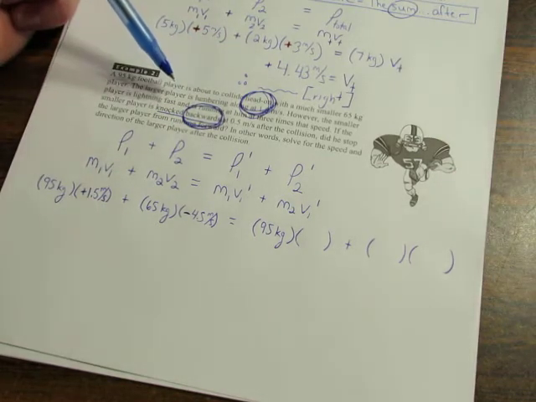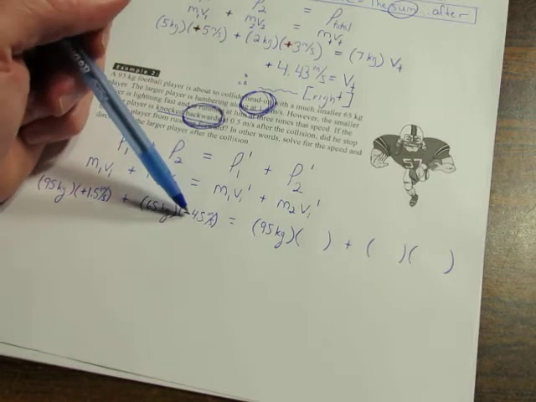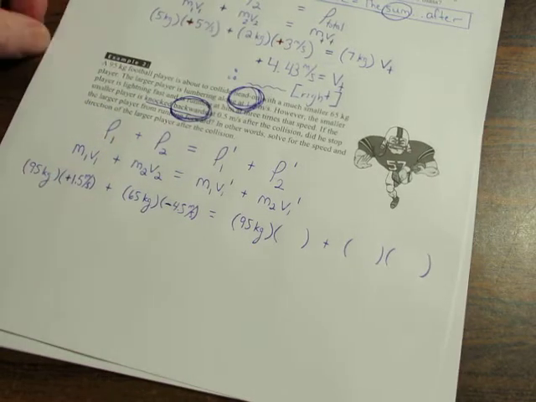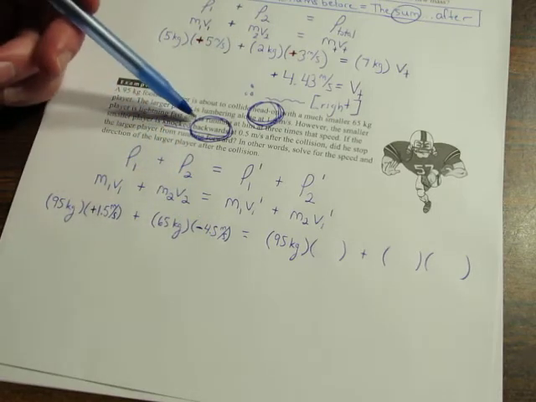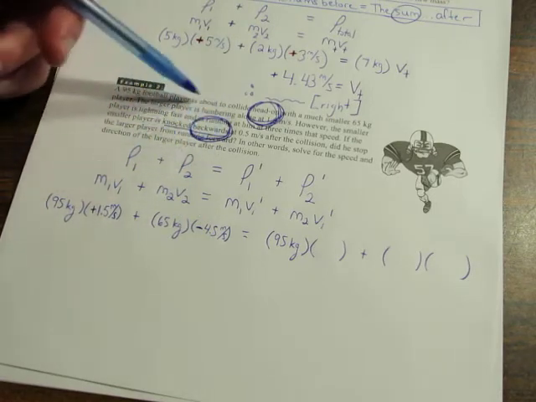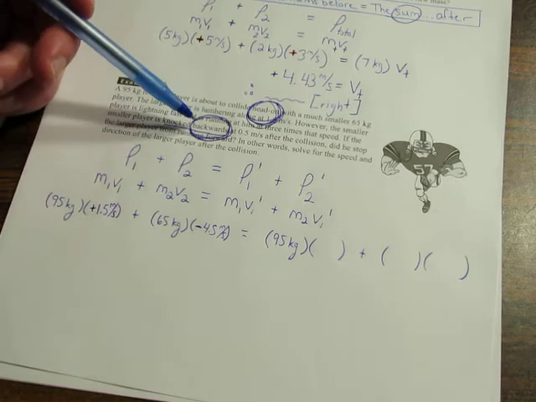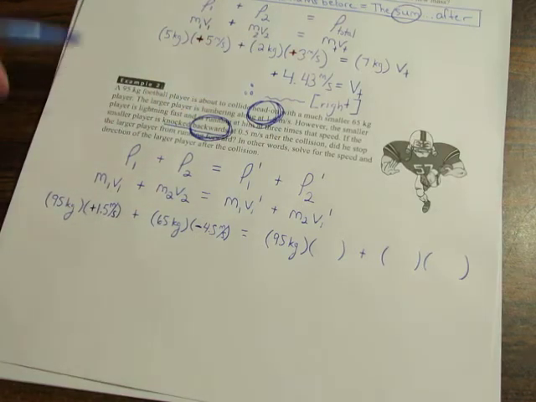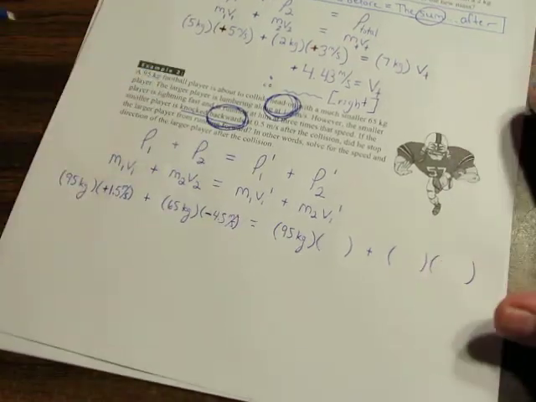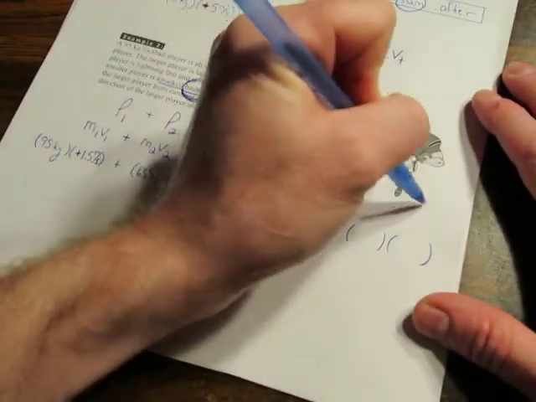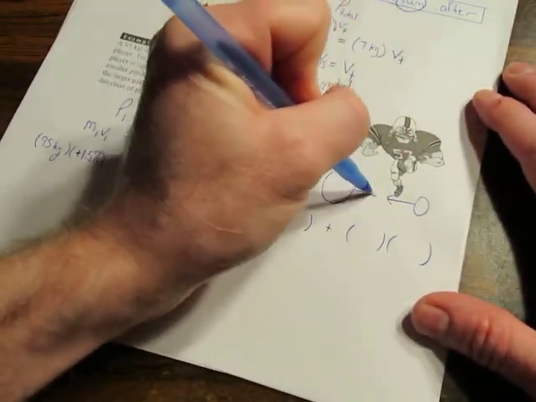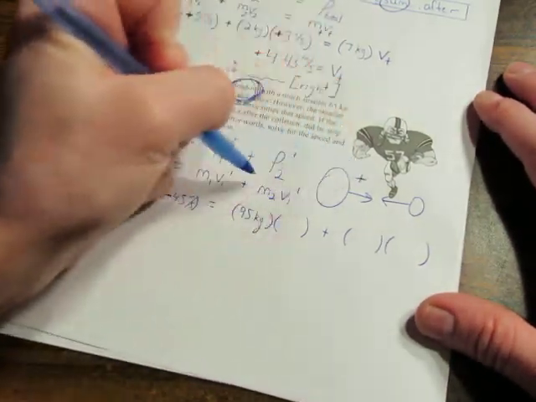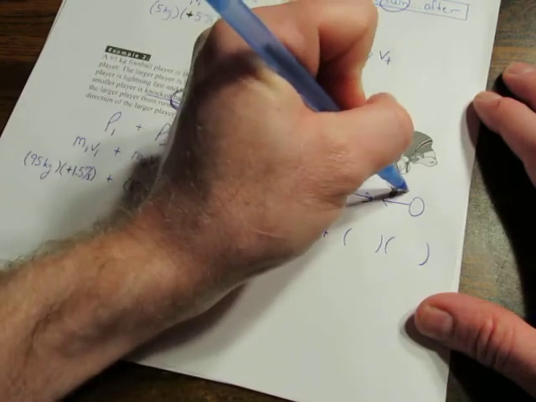The small player is in a head-on collision, running in a backwards direction, toward the larger player. Now the smaller player gets knocked backwards relative to the direction they were traveling. So this is going to have a positive sign on it. Think of it like this. Big player, smaller player, let's draw it like that. Big player is moving to the right with a positive direction. Smaller player is moving to the left with a negative direction.